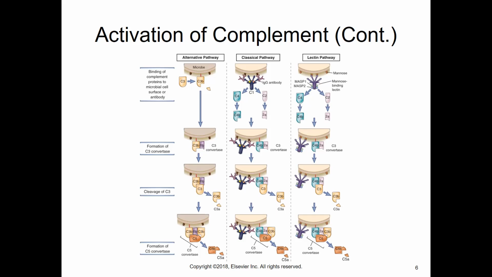However, in contrast to the classic pathway, which is initiated by the antigen-antibody reaction, the alternative complement pathway is predominantly a non-antibody initiated pathway. So it is only initiated by antigens. The antigen and the antibody do not have to bind together to activate this. An antigen does it itself. So a bacteria, a fungus, a virus, whatever.